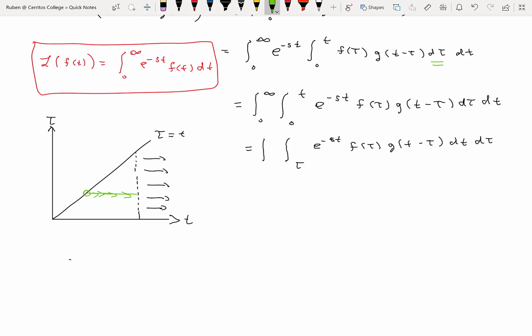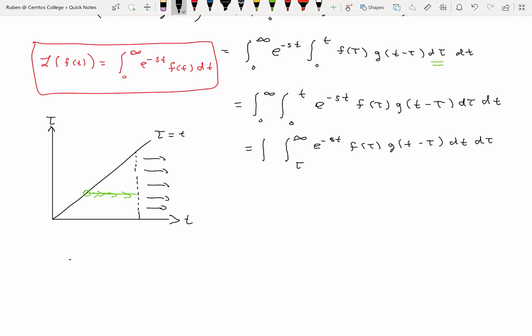To the little dotted vertical line, which is being pushed off to infinity. I know, I'm being picky. Okay. So t goes from t equals tau to t equals infinity. We're pulling that little vertical line off to infinity.